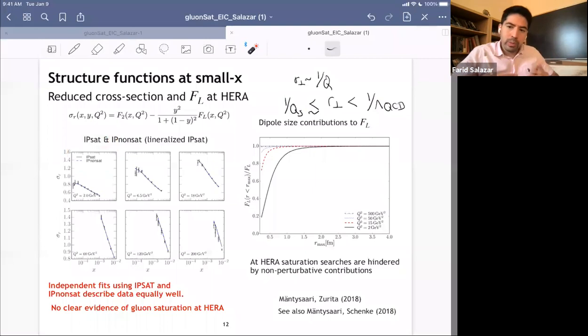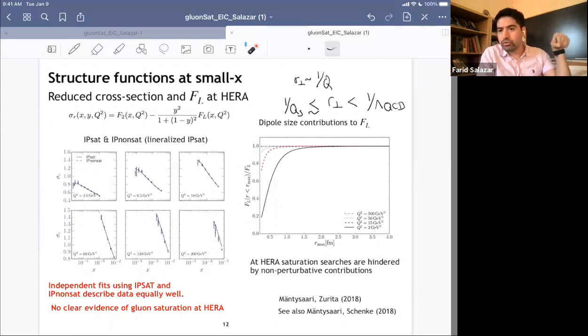They have both been fitted independently. And they both seem to give similar results for the fits. The fits are equally good, which means that it's hard to really find clear evidence of gluon saturation at HERA. But notice that here the fits are independently done.